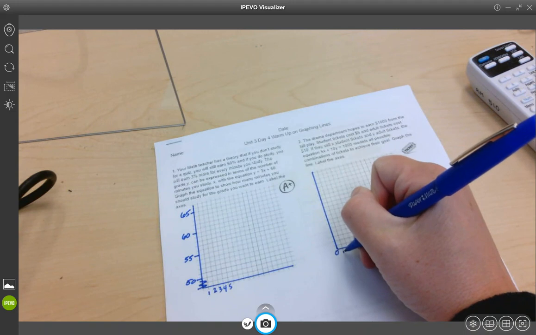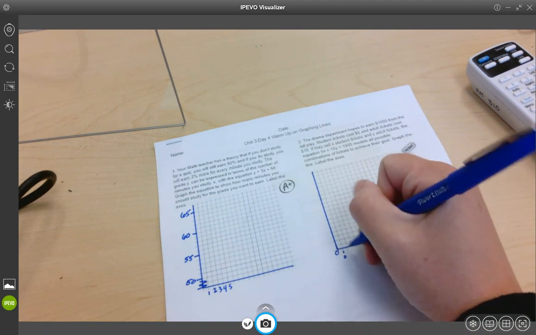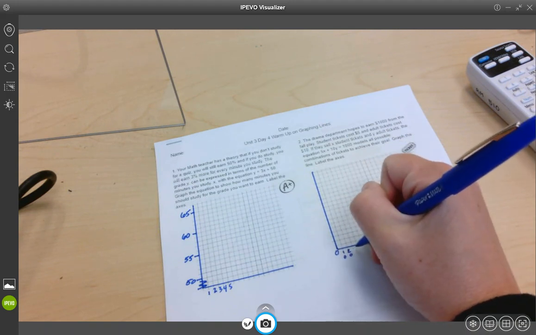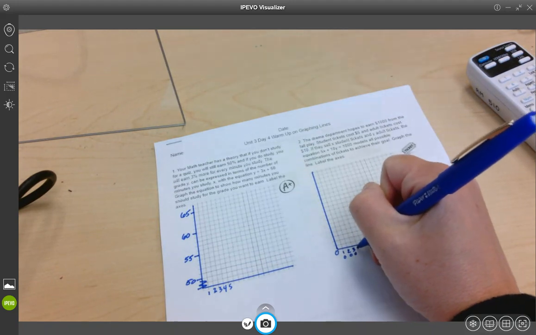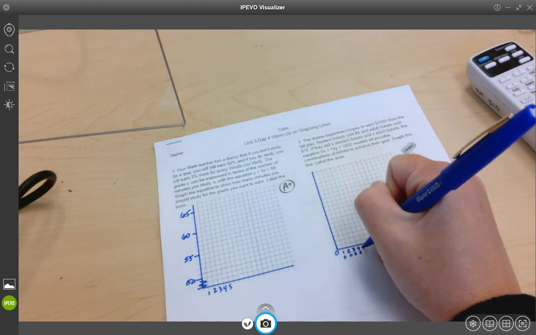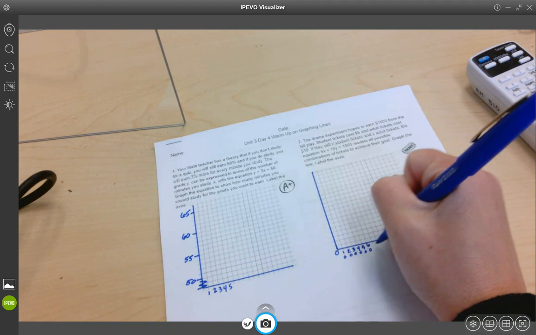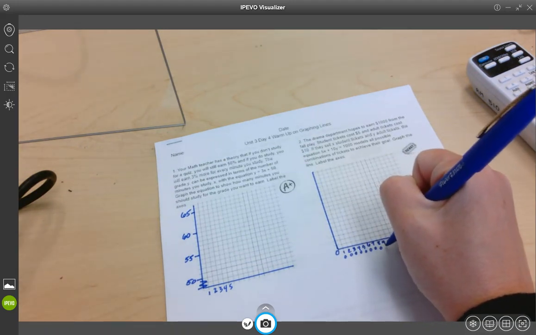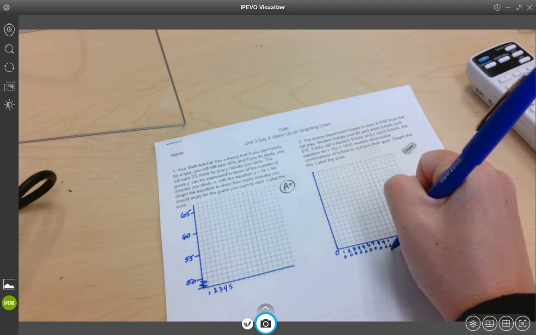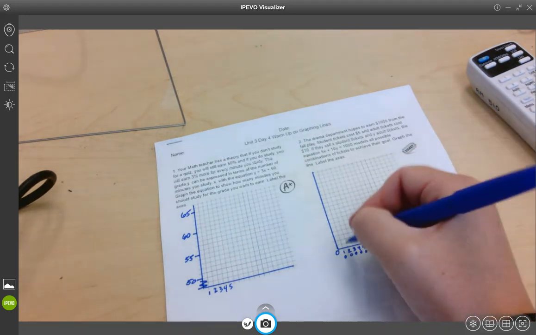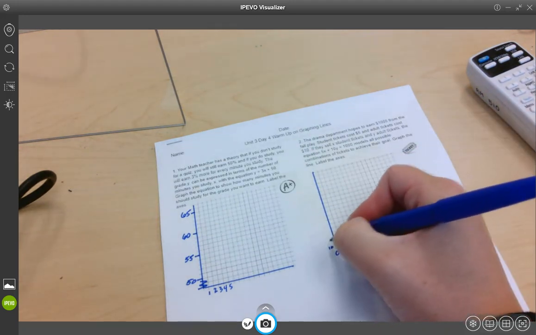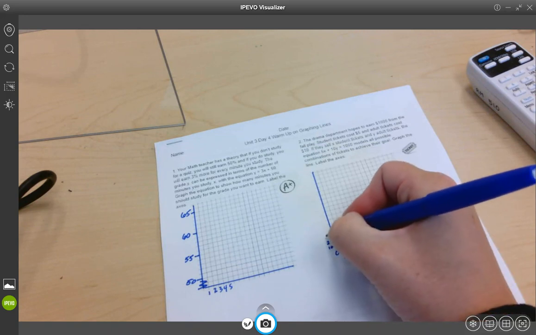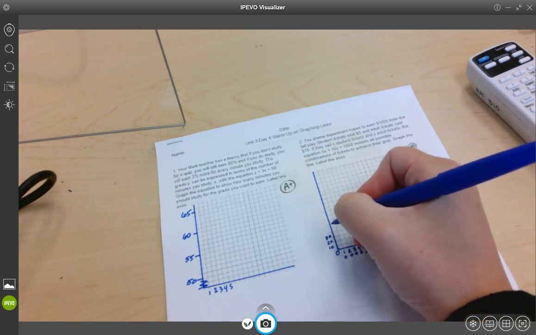So you've got 10, 20, 30, 40, 50, 60, 70, 80, 90, and 100. And then you can keep going if you need to. And then on this side we've got 10, 20, etc.